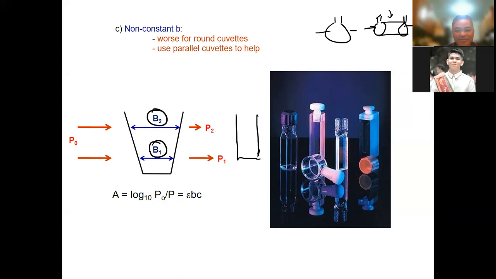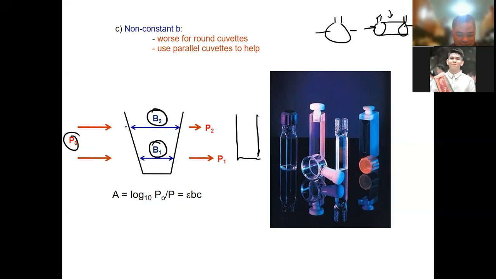As much as possible, you want it to be the same, so that all throughout, you could say that the light transmitted is proportional at any angle or side of your cuvette to the light that goes in. So the light that goes in is the same as the light that goes out.